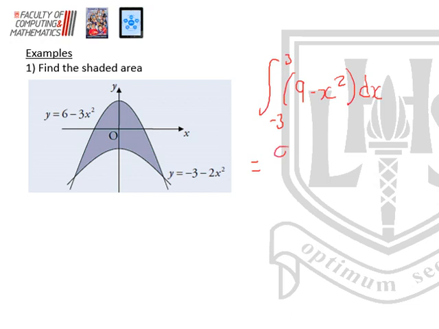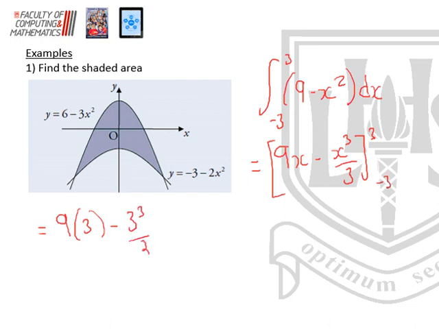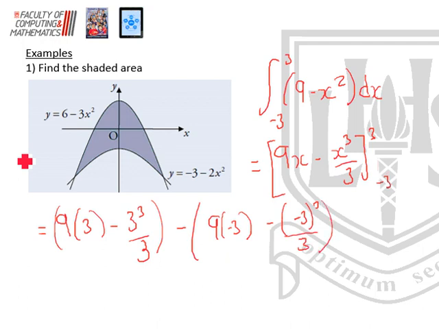So integrating that will be 9x minus x cubed over 3 between 3 and minus 3, and then substituting the limits in, it'll be 9 times 3 minus 3 cubed over 3 for your first limit going in, take away 9 times minus 3, subtract minus 3 cubed over 3 for your second limit.